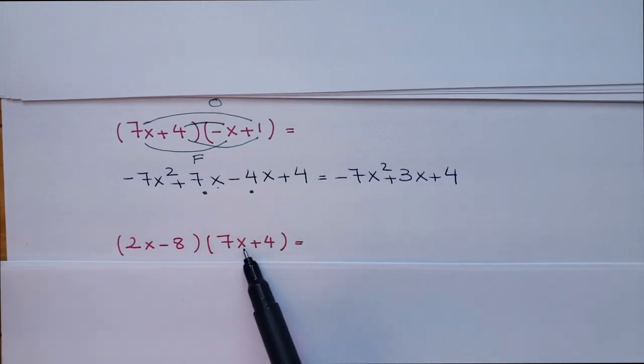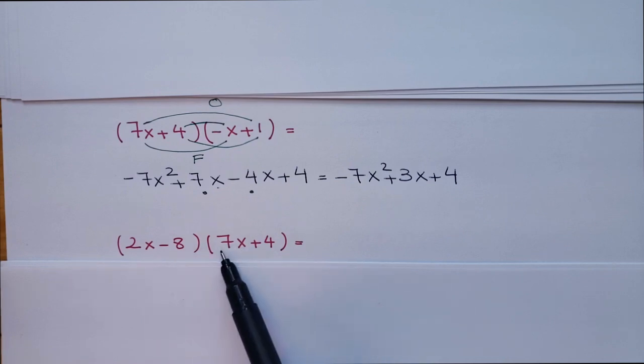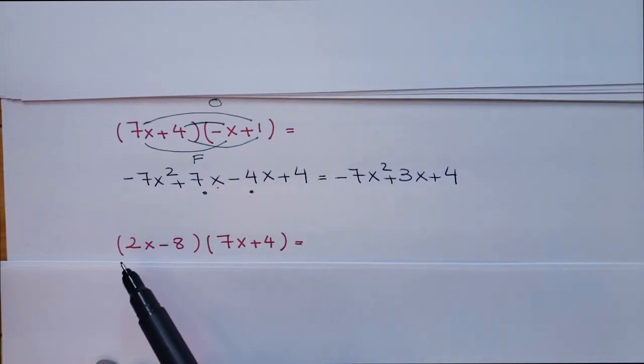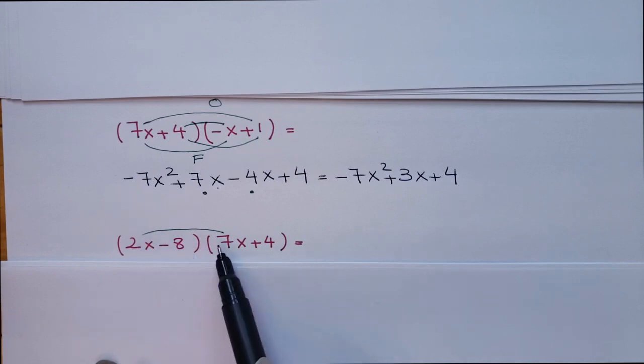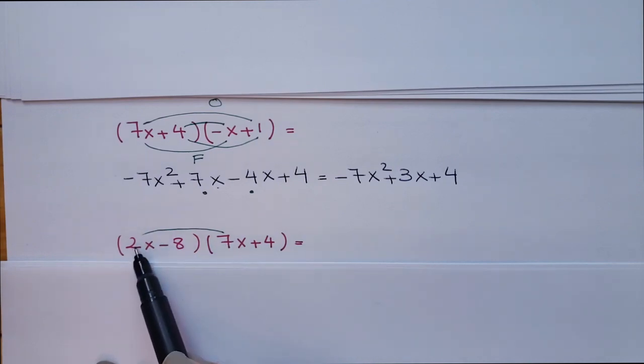Again, I have two binomial brackets multiplied by one another. I want to follow the FOIL rule and multiply them. So here, F, which is 2x times 7x. Here, the coefficients will be multiplied by one another, and x will be multiplied by x.